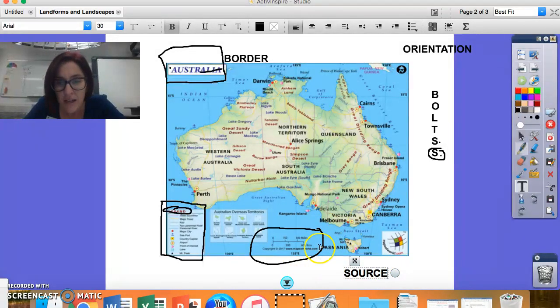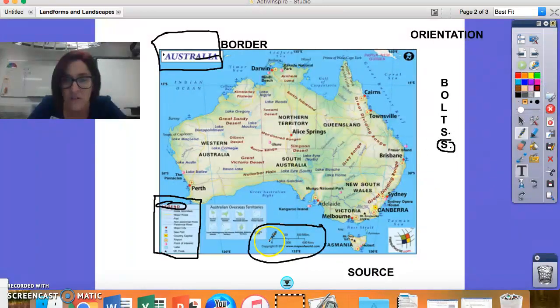Down here, it actually has the source, the website, where we got the information from. And we can see that it was made in 2017, so it's a pretty recent map. It's also a reputable website. So sources are really important to figure out if you can trust that map.